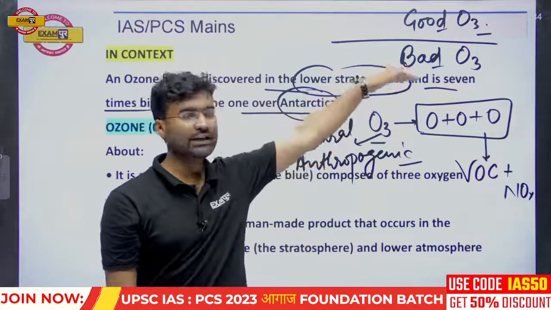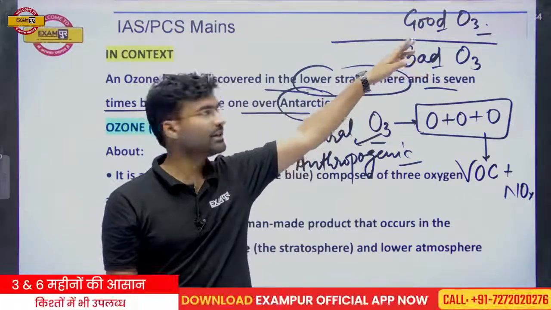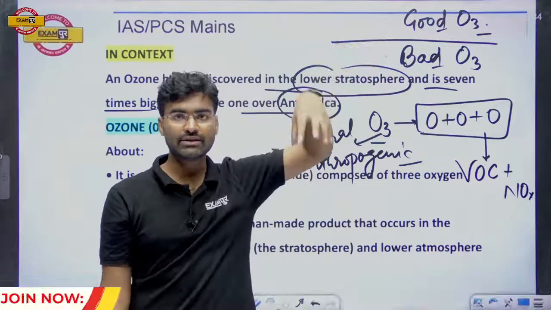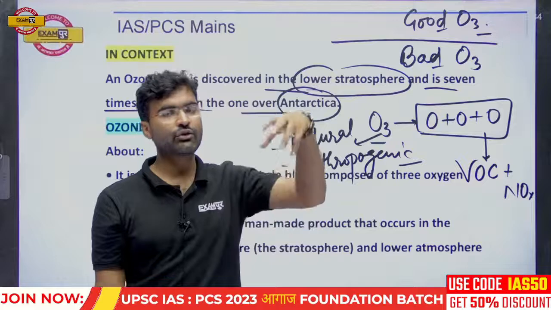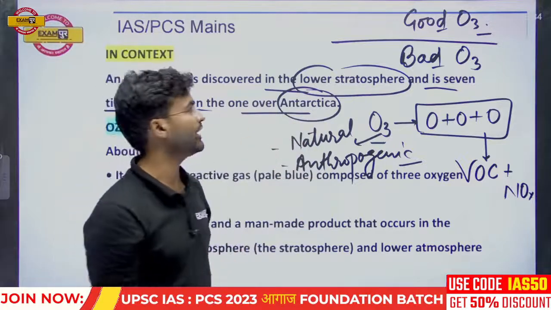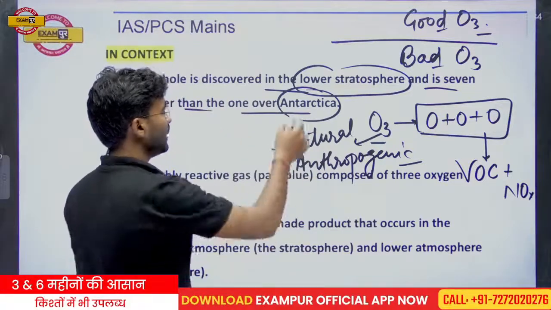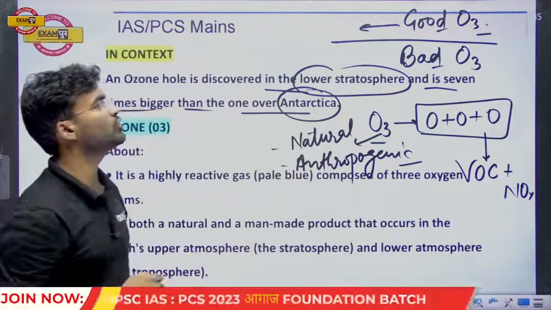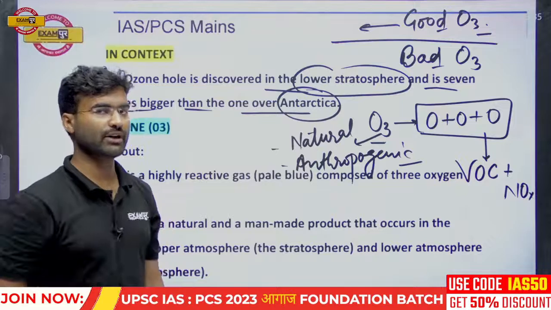Bad ozone directly affects human health, and good ozone indirectly protects us from the high energy ultraviolet rays coming from the sun. Okay, so in today's context, we will talk about the good ozone, which is found in the stratosphere.